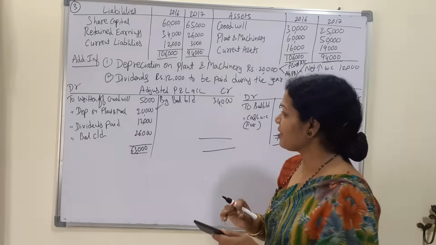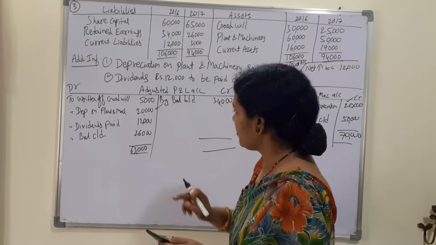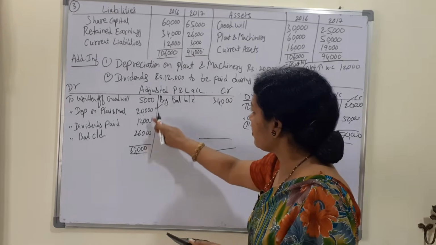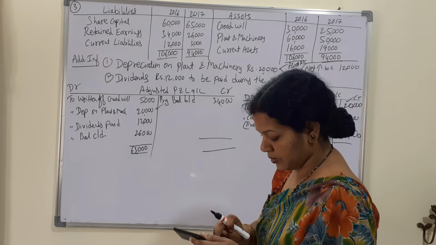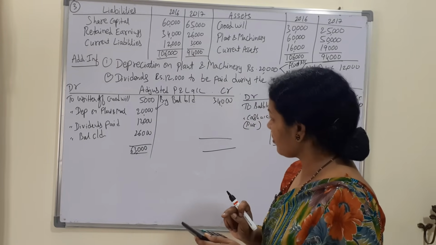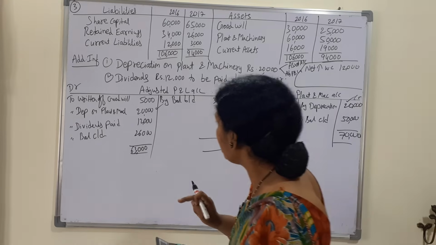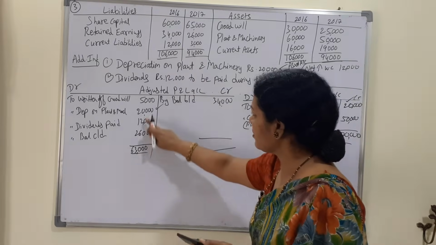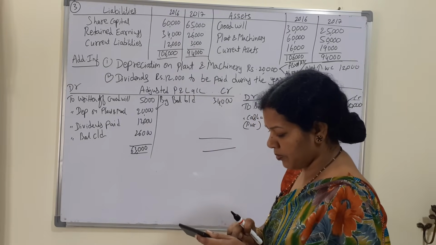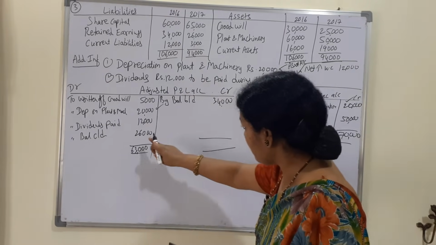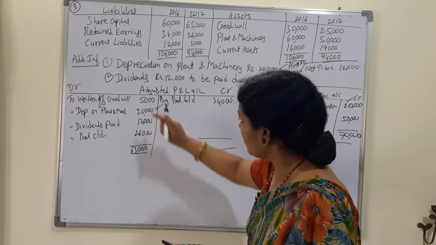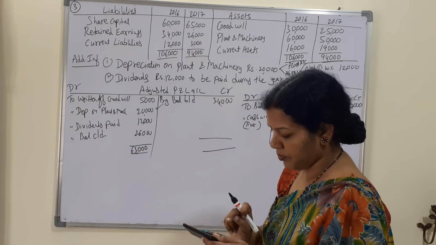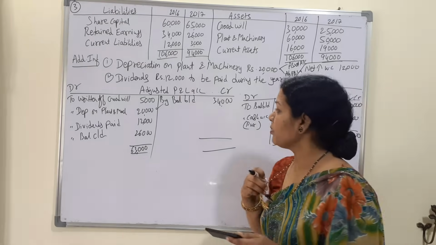Once again let me check. 26, 46, 46,000 plus 12,500 is 58,500 I am getting. Yes, no, let me check. 46,000 plus 12,000 plus 5,000, 17,000. 63,000, correct. It is 63,000.